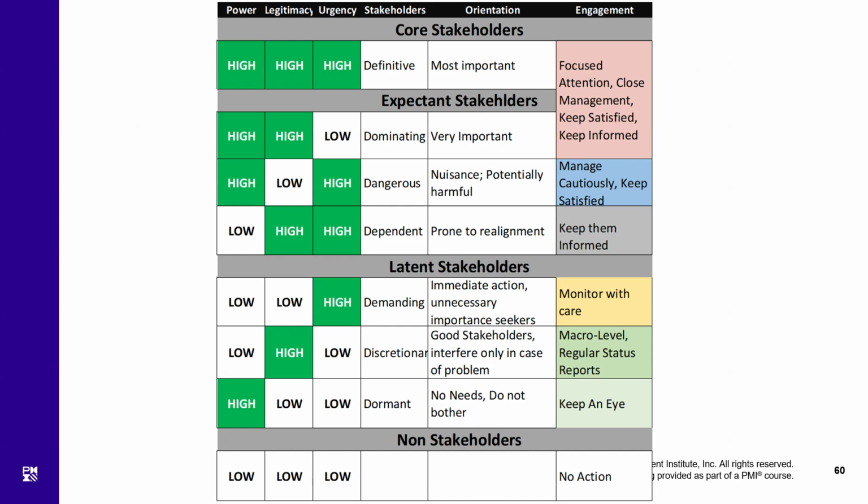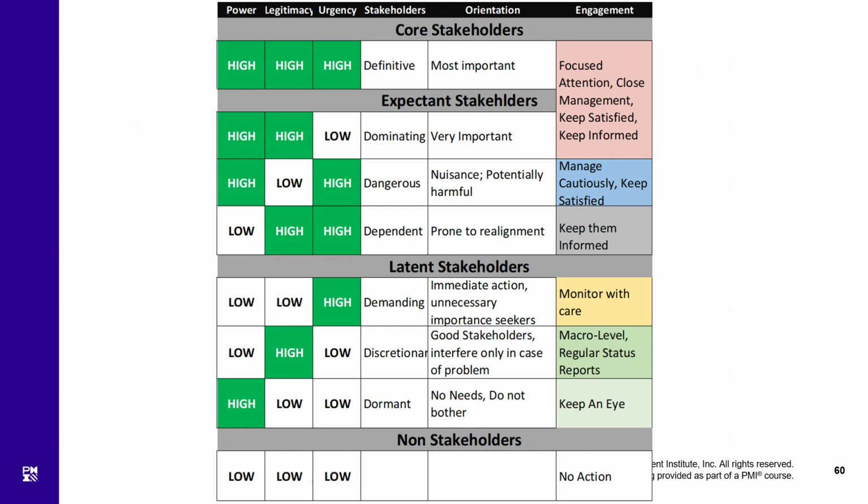Then we have got the dormant stakeholder who has a lot of power, who can decide, who is actually like the sponsor of the project, the director of the project, a lot of power, but no legitimate authority and no urgency. Now, this is also very interesting because if I am the president of a country, I have all the power.